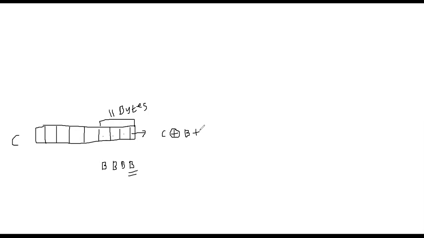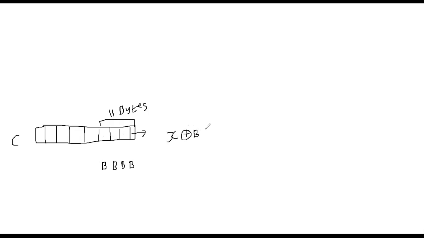Let me correct one thing so that it's not confusing. Let's call this byte X. You have byte X, you XOR it with B because we know for sure those bytes correspond to B in the plaintext.